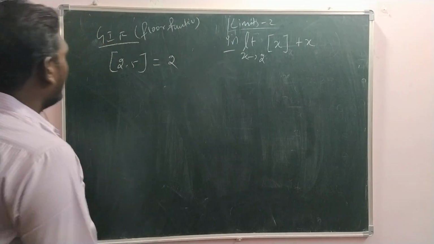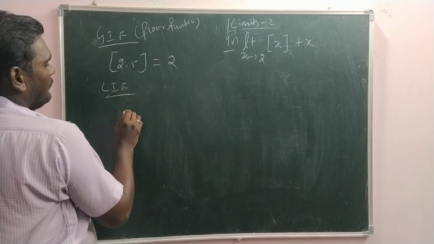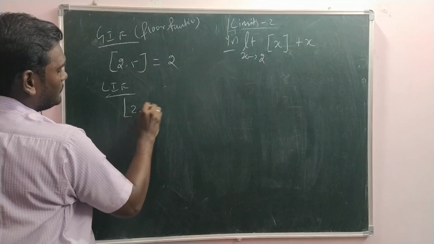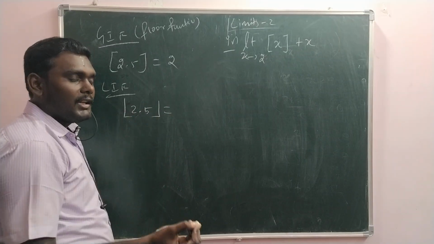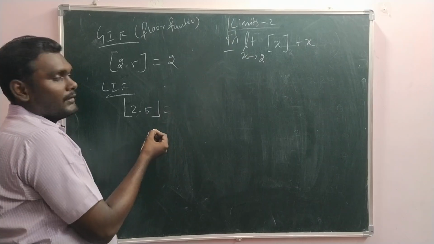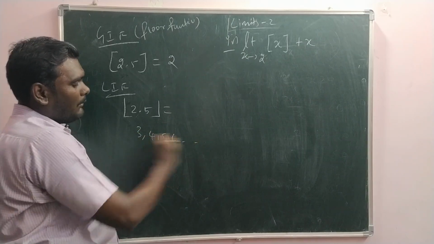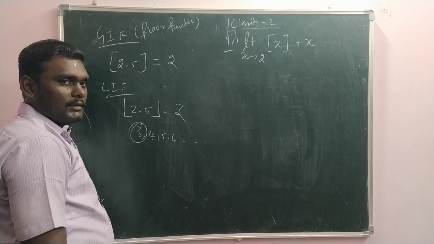Okay. And least integer function is there. For that we will put it like this, like an L shape. What it will do is collect all the integers which are greater than this. So greater integers are 3, 4, 5, 6 and so on. Among these, the least is our output. Okay.